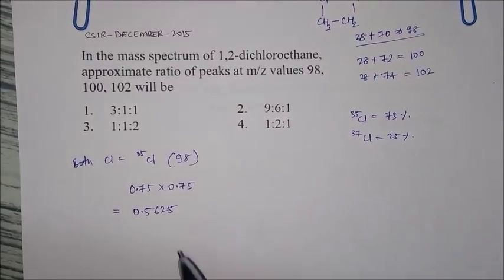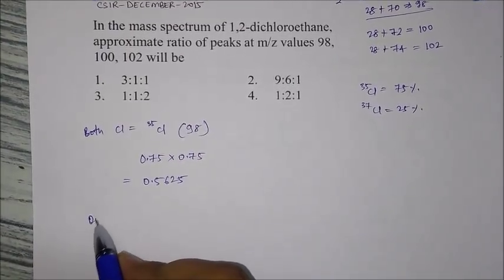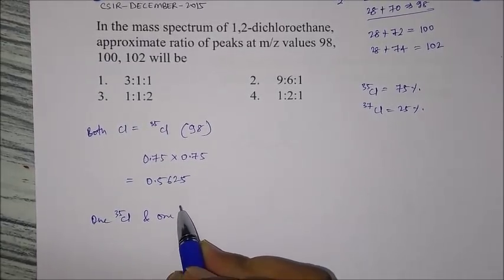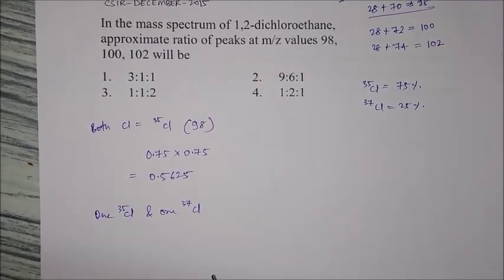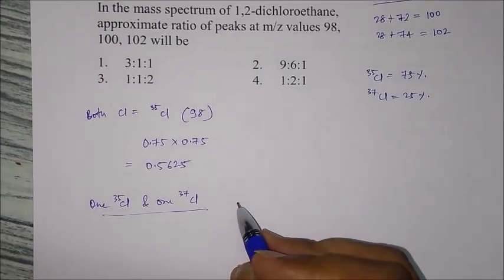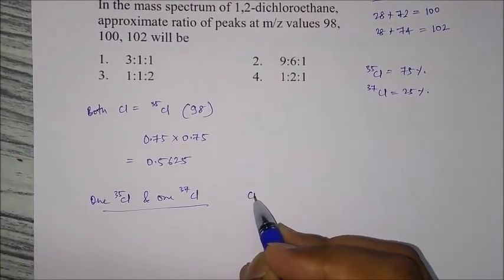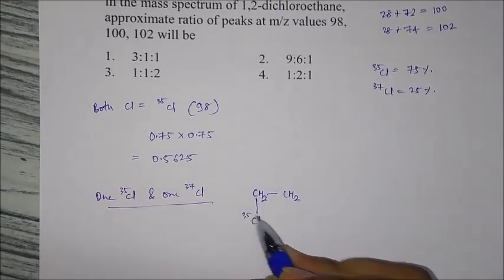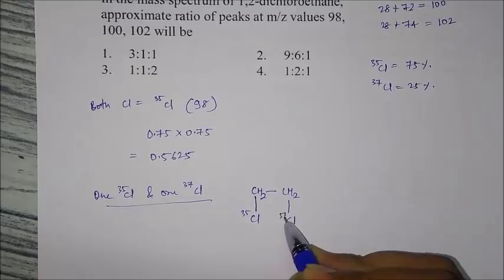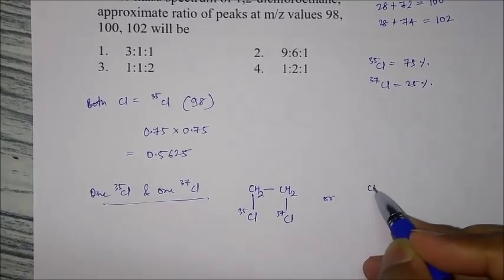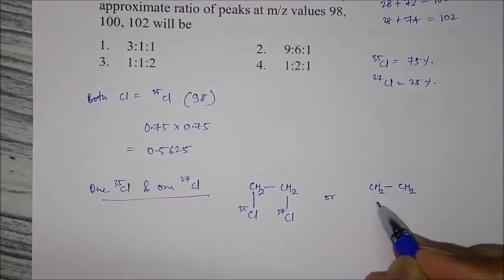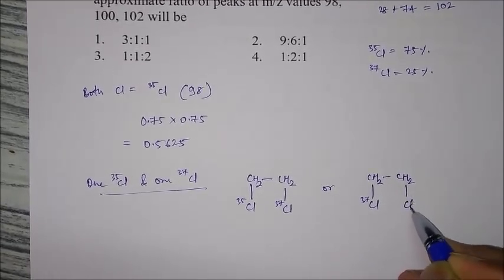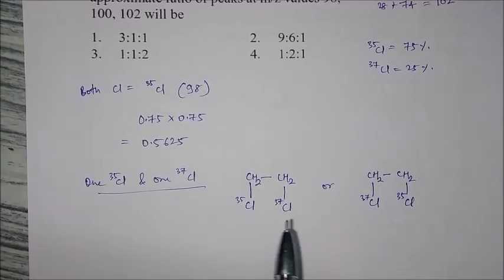Now next, it can happen that one is 35Cl and the other is 37Cl. So what will happen there? You could have two possibilities. One is CH2 with this being Cl35 and this being Cl37, or you can have CH2 with this being Cl37 and this being Cl35.